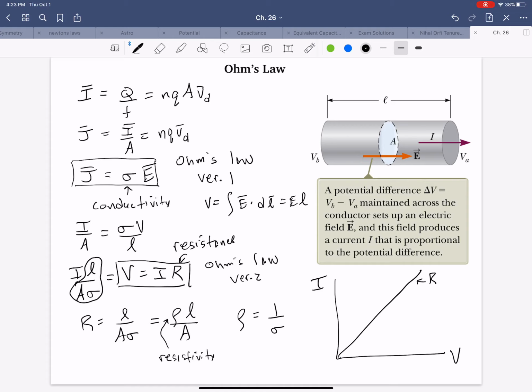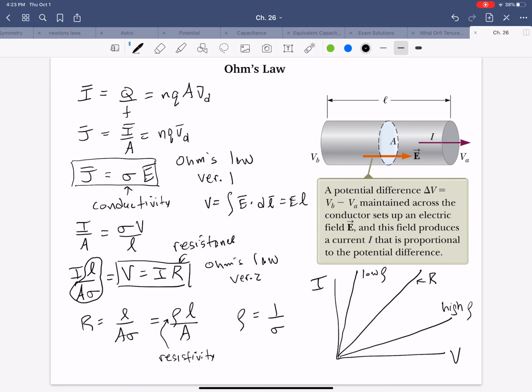If we were to graph it, this means for a given potential you have a low current, a small current, and so this is for a high resistivity. Materials with a very low resistivity or high conductivity are graphed over here. Still a linear relationship between the two, though.